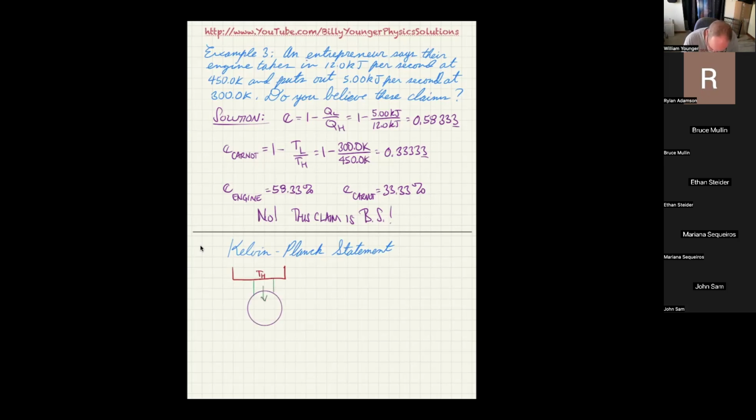That heat is going to be QH. And then let's allow work to come out of it, and then nothing. So, in other words, no heat is wasted.